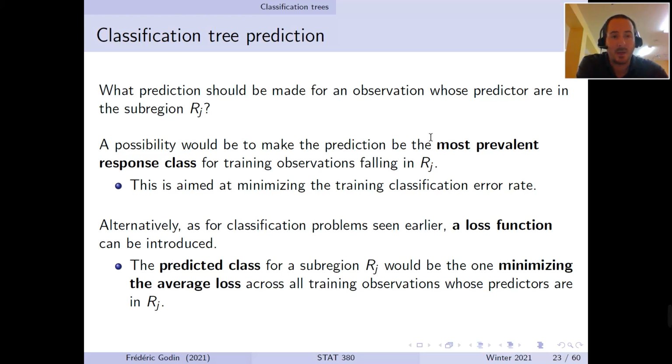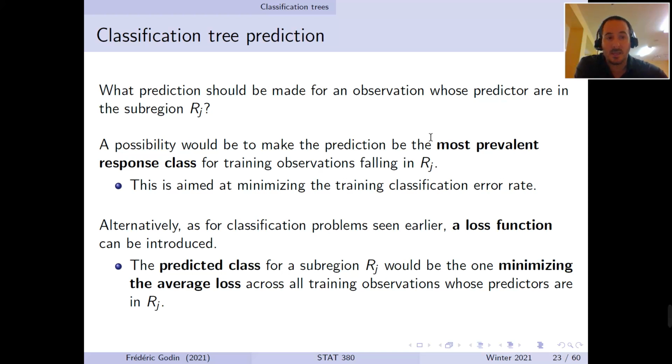The typical way to make a prediction for a given subregion is to take the class which is the most prevalent in the region and use this class to predict the class of all new observations falling in this region.